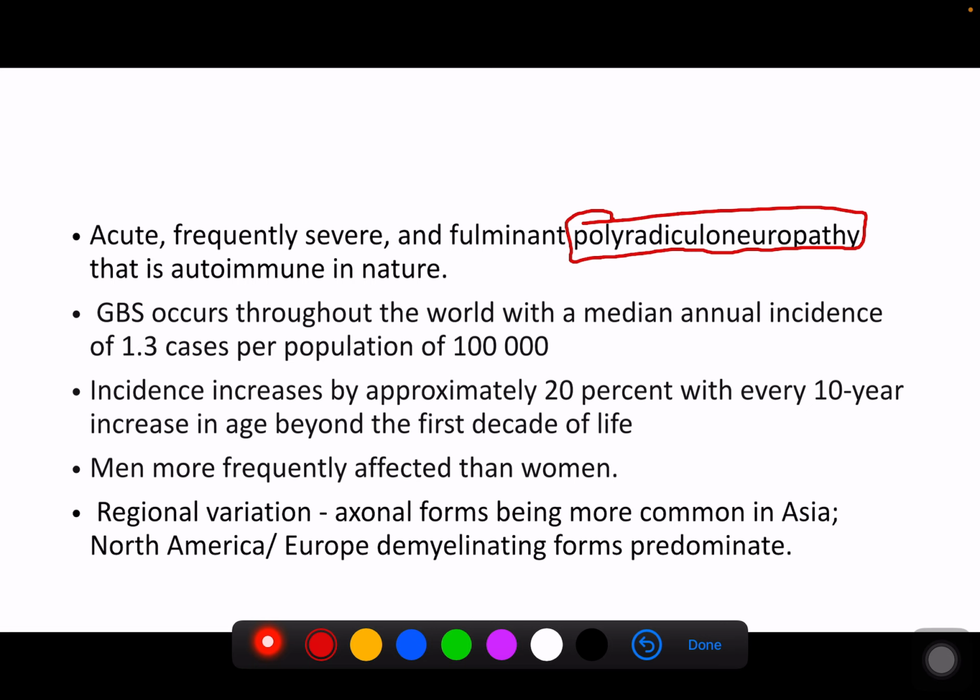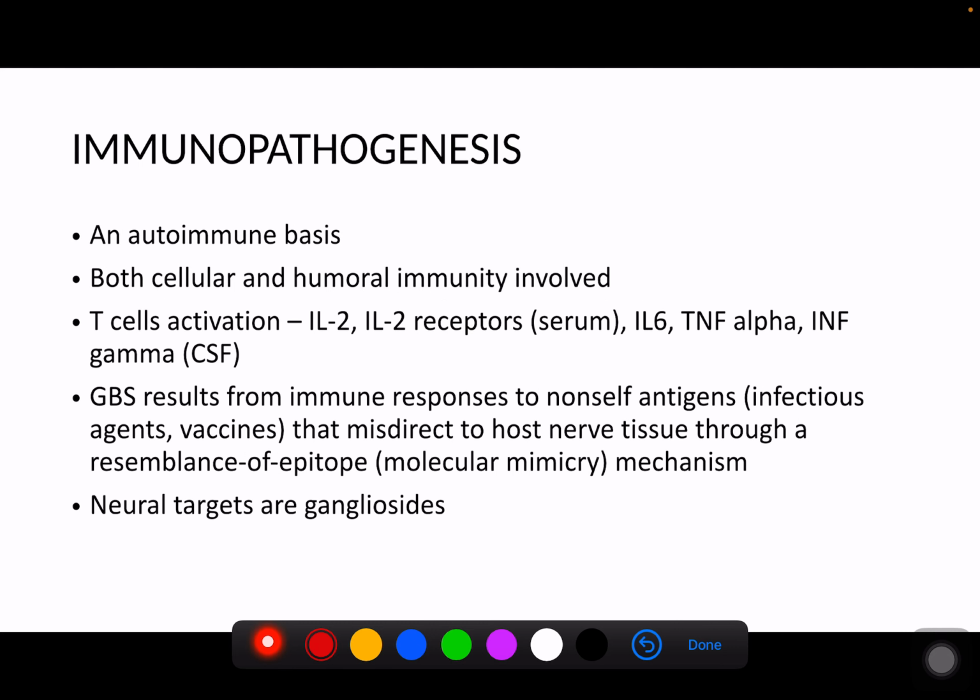Okay, so it's regional variation: axonal forms are more common in Asia, while in North America and Europe demyelinating forms predominate. Now, it's an autoimmune disease, so both cellular and humoral immunity are involved. There's T cell activation, interleukin 2 receptors, interleukin 6, TNF alpha, interferon gamma. Macrophages are always associated with interferon gamma.